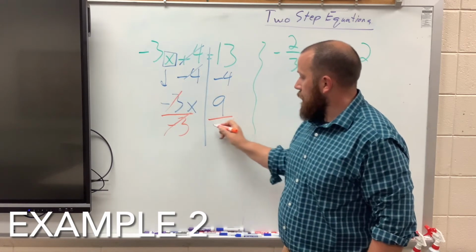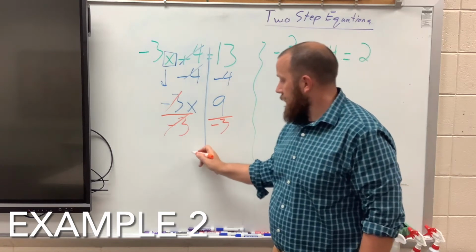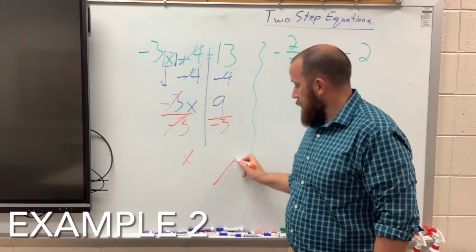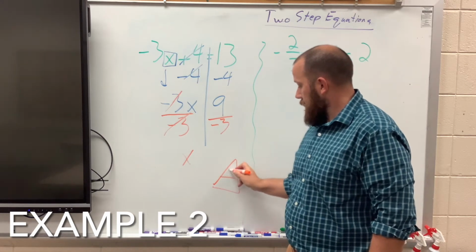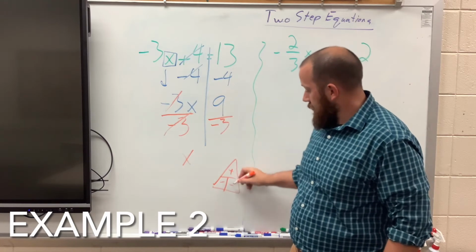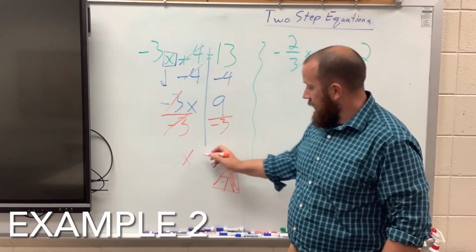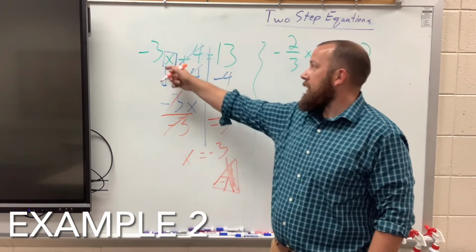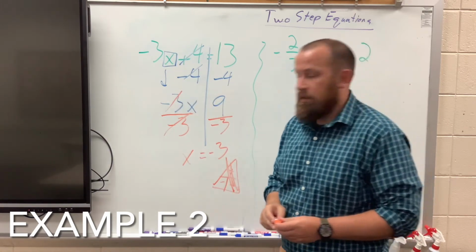And what I do to one side, I do to the other side. That gives me x left over. 9 divided by 3. I'm going to draw my little triangle out real quick. I have a negative and a positive. So I have a negative left, so my answer is negative 3. If I plug it back in, that shows that it's correct.